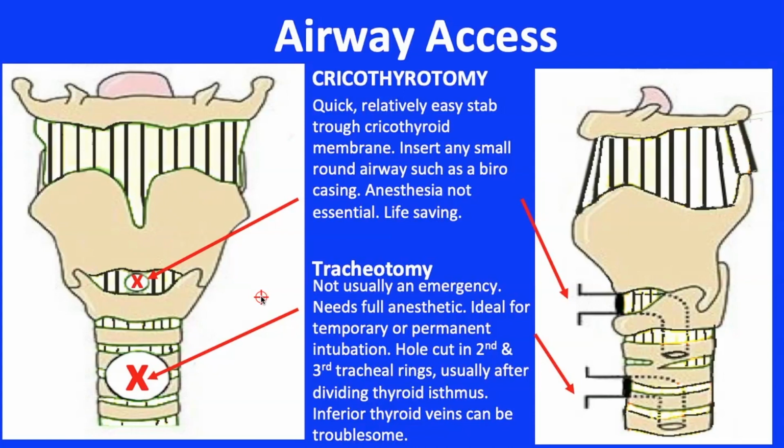As an aside, having mentioned the procedure tracheotomy, do not confuse this procedure with cricothyrotomy. Both are made to keep the airway open. Tracheotomy, however, is not usually an emergency. The procedure requires full anesthetic and is ideal for temporary or permanent intubation. A cricothyrotomy, on the other hand, is a quick, relatively easy stab through the cricothyroid membrane. Anesthesia is not essential and is considered a life-saving procedure.